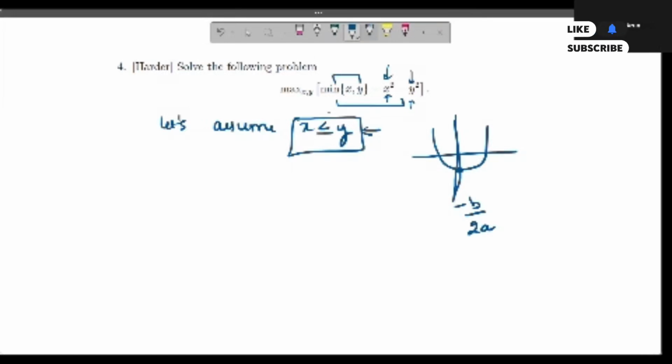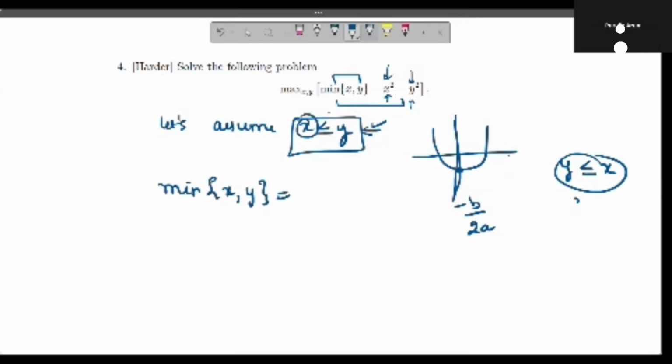The minimum of xy is required. For that, you need to assume which one is minimum of x and y. Either you assume that y is lesser than x, or you assume that x is lesser than y. Then only you will be able to get that the minimum of xy is x actually.